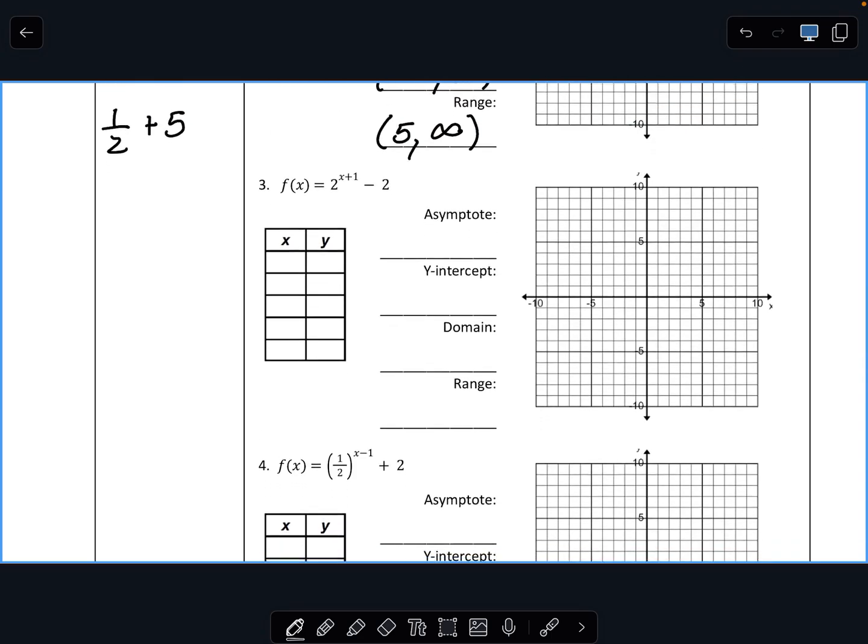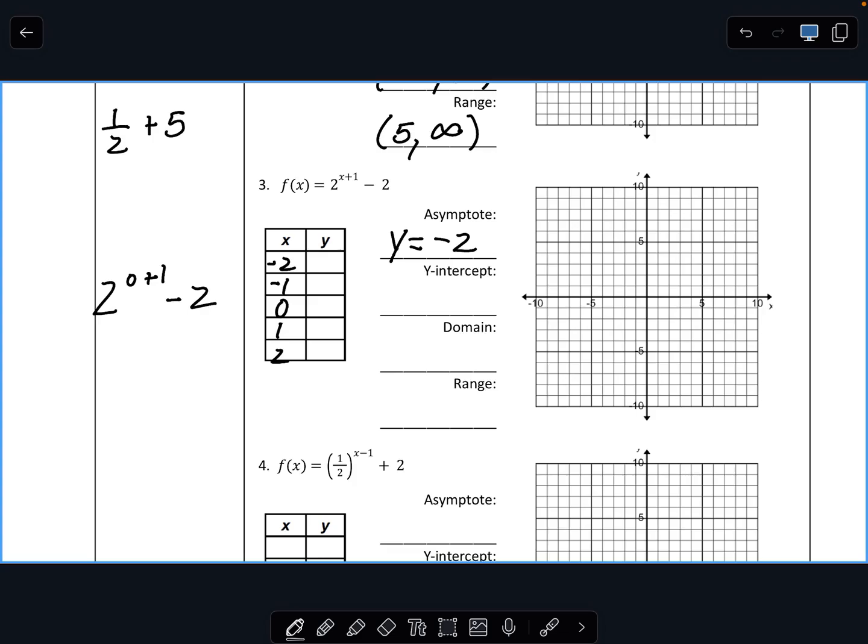Again, my asymptote is my k, so y equals negative 2. I'm going to solve for my y-intercept, so I'm going to replace x with 0, 0 plus 1 minus 2. So I'm going to have 2 minus 2, which is 0.